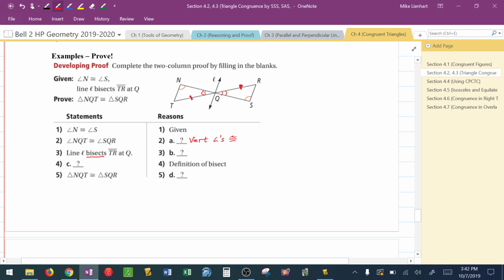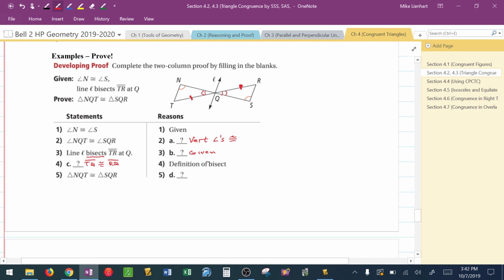Look back up in the given. It's given. All right. So what I want to do now is, because of that statement, we said that TQ and RQ were congruent. So I'm going to say segment TQ is congruent to segment RQ by the definition of bisect.